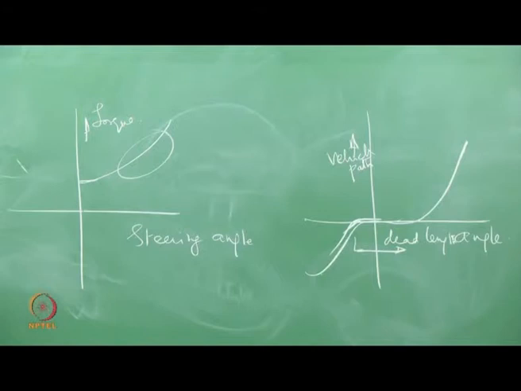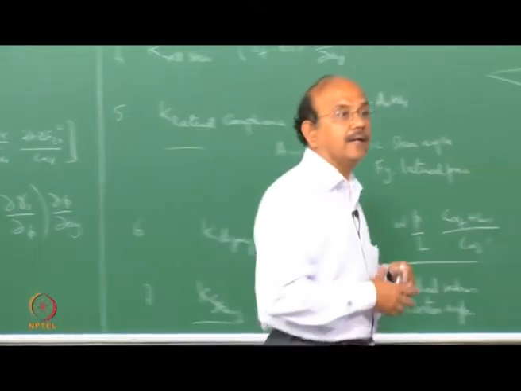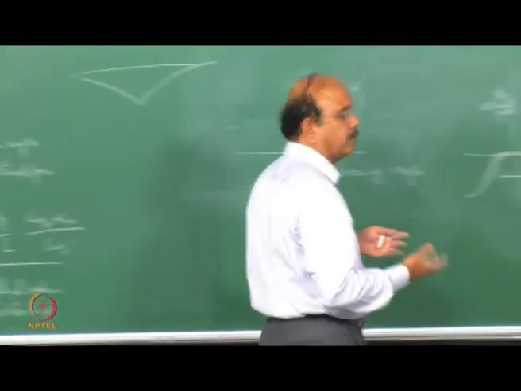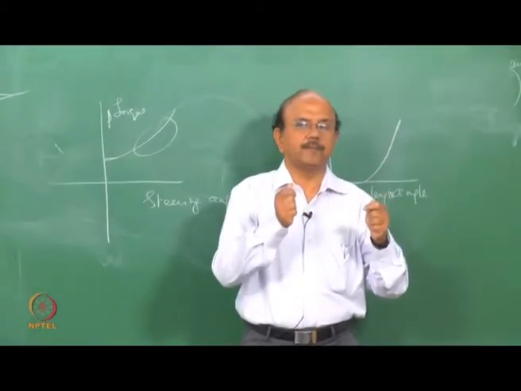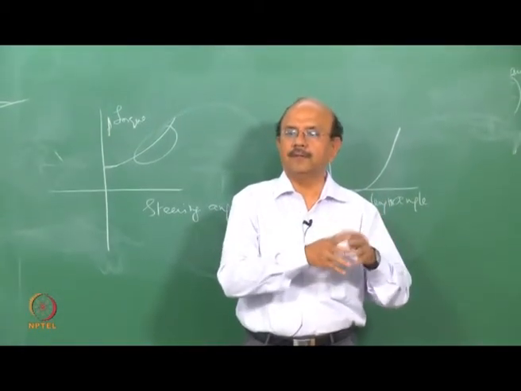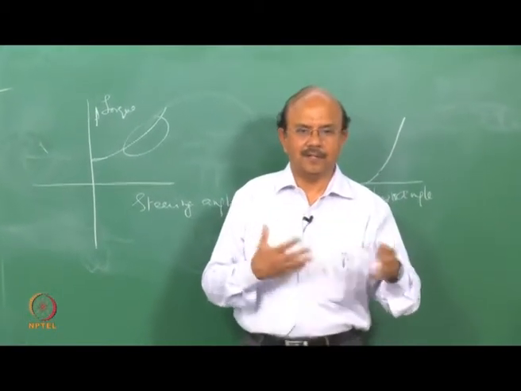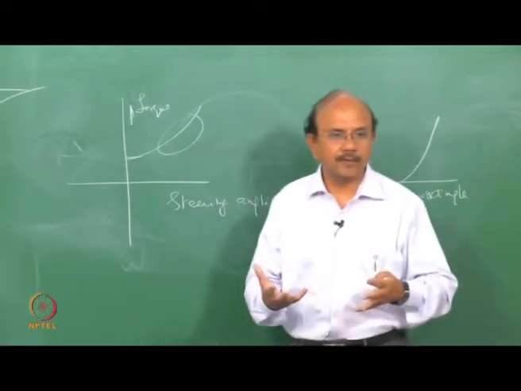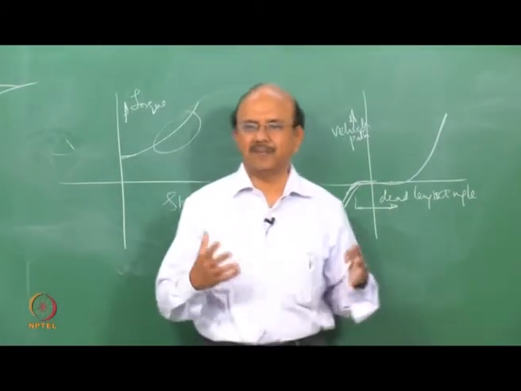Assume that the dead length is large. What happens? Then I turn, the vehicle attitude will not change. After some time, after I turn a bit, then it will start changing. That's not good. In other words, the feel is not going to be good. So the larger it is, I am not happy with it.